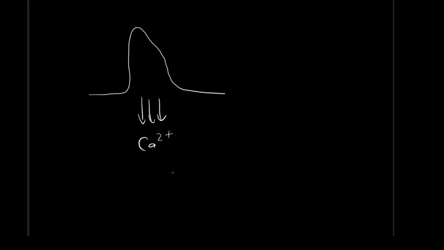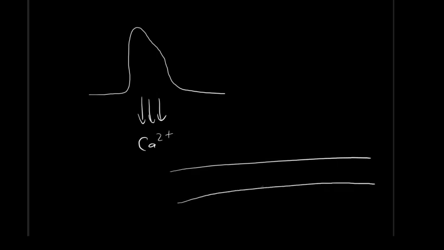So if we're looking at a long stretch of fibre and the action potential is here, we're going to have calcium flowing in. That's going to spread in both directions, and that will cause a depolarization to spread in this direction.